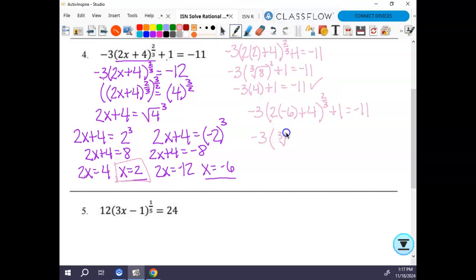So I'm going to take the cube root of negative 8 and square it plus 1 equals negative 11. Well, what's the cube root of negative 8? Negative 2, and then when you square it, you get 4. So we get negative 3 times 4 plus 1 equals negative 11, which means we're in the same spot we were there. So I actually like both of those.